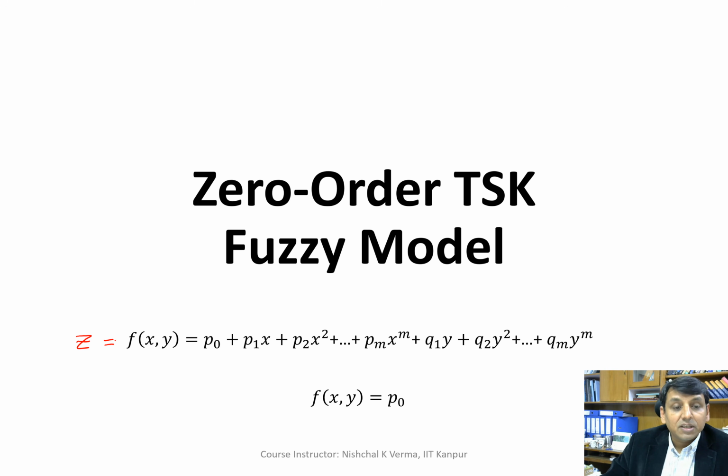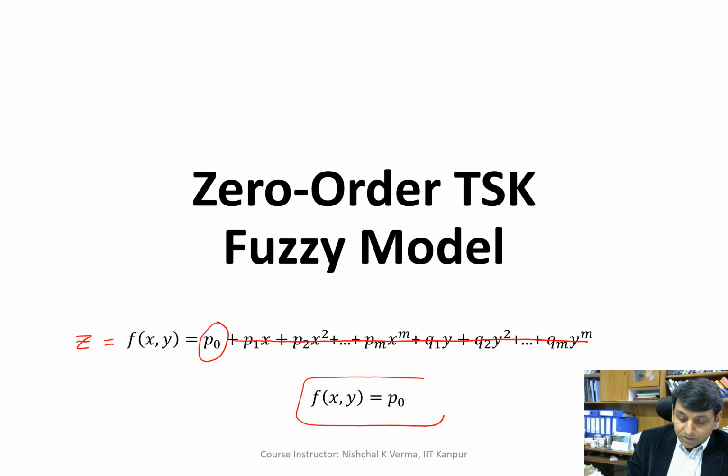This x and y are the generic input variables. And when we talk of the zero order TSK fuzzy model, it means we will have only the constant, that is P0.